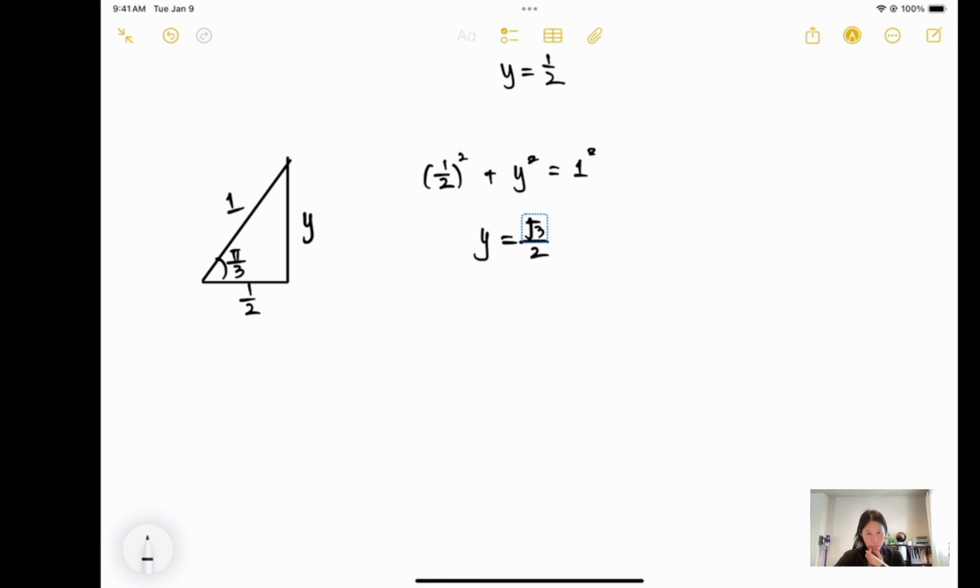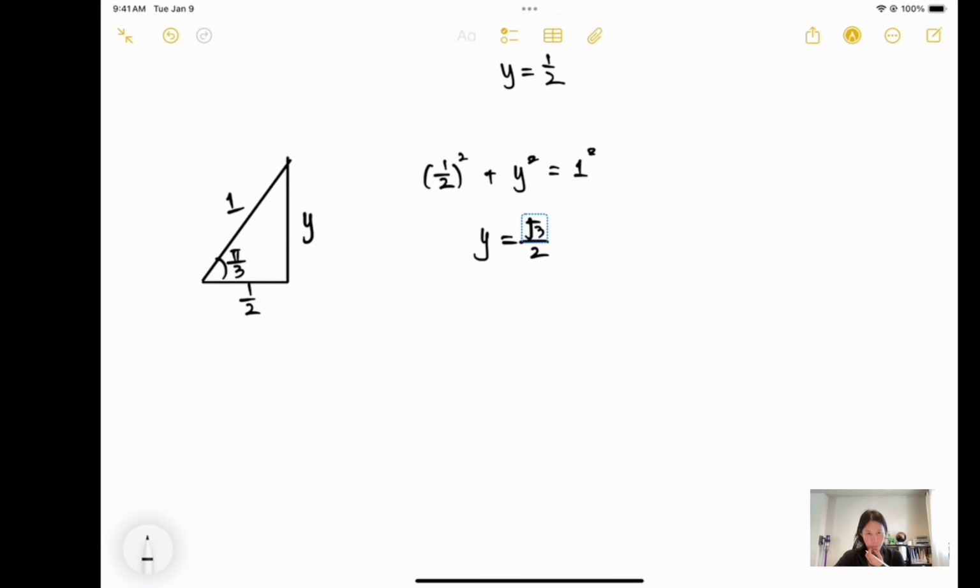All right, now we found the y value. So that means our sine of pi over 3 is equal to our y value, which is square root of 3 over 2. Cosine of pi over 3, which is cosine of 60 degrees, is equal to our x value, which is 1/2.